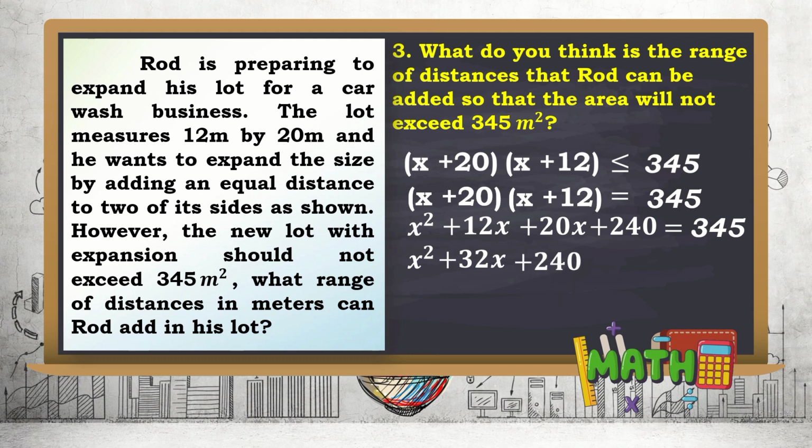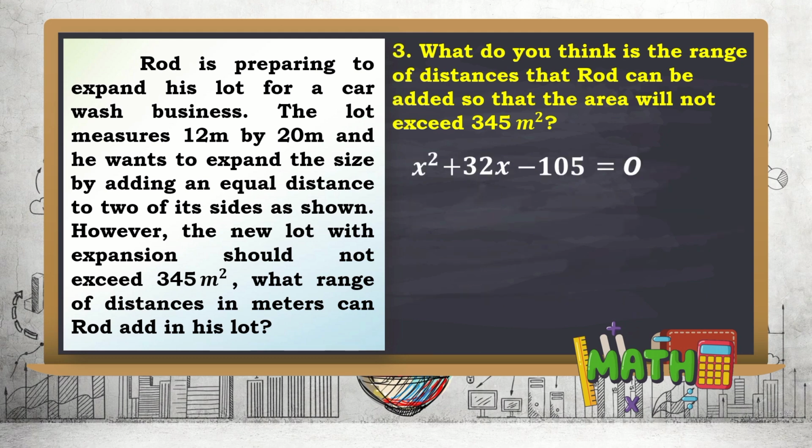Then transpose 345 to the other side, it will become negative 345 equal to 0. Then combine similar terms, we have x squared plus 32x, then 240 minus 345 is negative 105, equal to 0.